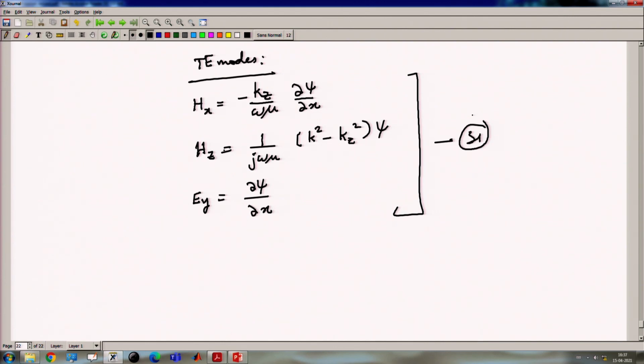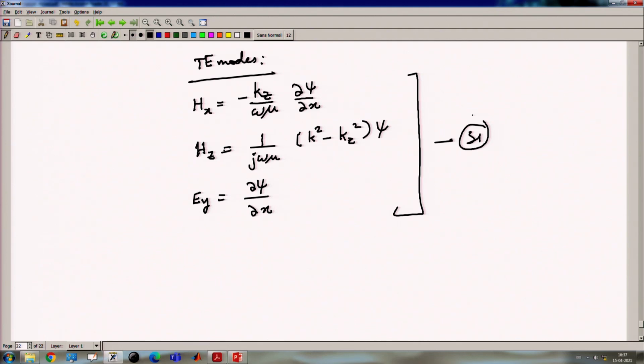We have the fields which are sinusoidally or co-sinusoidally dependent on the x coordinate inside the dielectric slab and which are exponentially decaying above and below the dielectric slab. So, under such a condition the guidance takes place inside the slab.